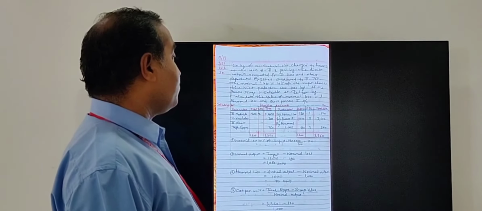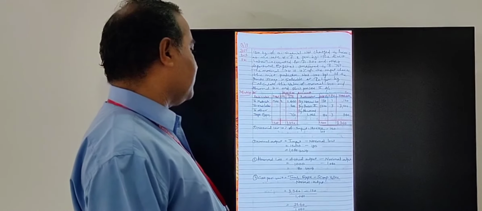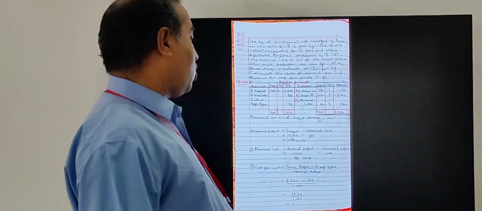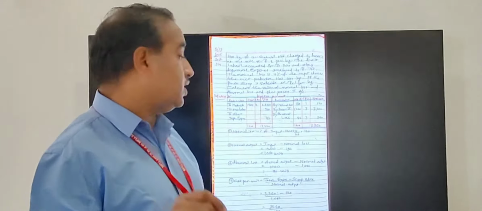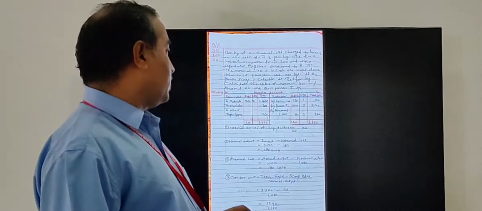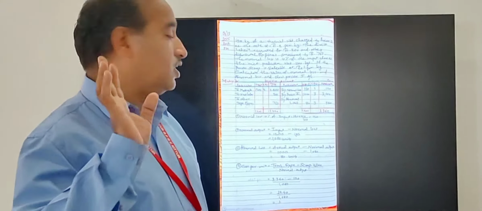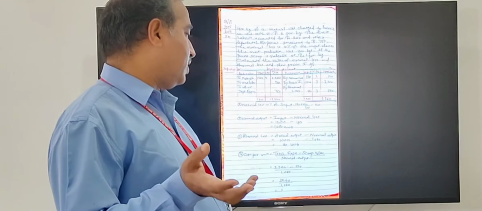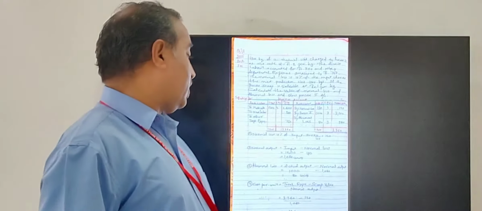Next, by process 2, what we have to do is first find out the normal output. Normal output means input minus normal loss. Input is 1200, it is given, then normal loss is 120, then available units is 1080. Next one is abnormal loss.